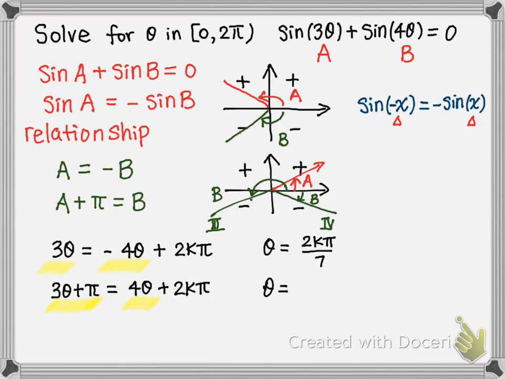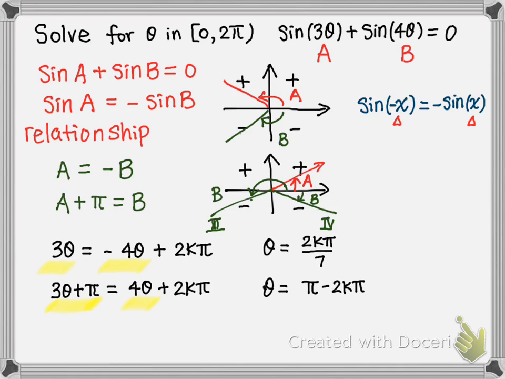You should try to solve it yourself. Theta will equal pi minus 2k pi. Plus or minus 2k pi is going to be the same, because minus 2k pi is telling you to rotate the other way, but it's the same as rotating counterclockwise with plus 2k pi. So they're essentially the same.